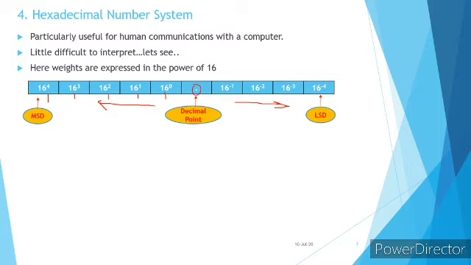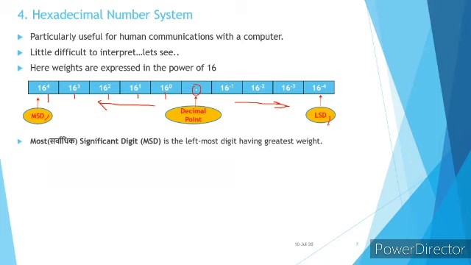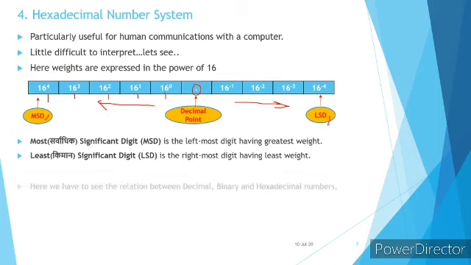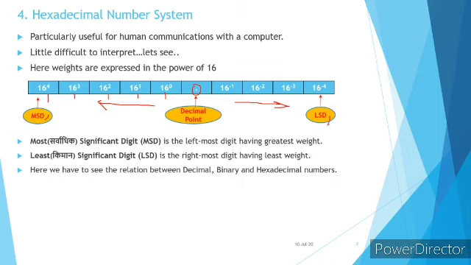Here also we have MSD and LSD, most significant digit and least significant digit.